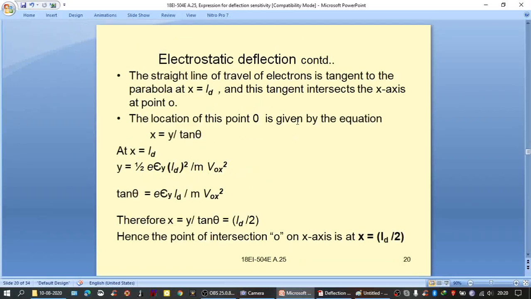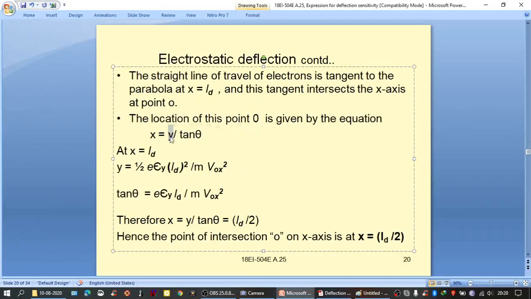Now, simply substituting these two, we know the expression for y at x equal to LD, and at the same time we know the value of tan theta at x equal to LD. So by substituting these two, we get the point of intersection of the straight line with the x-axis. That distance x is given by y by tan theta.